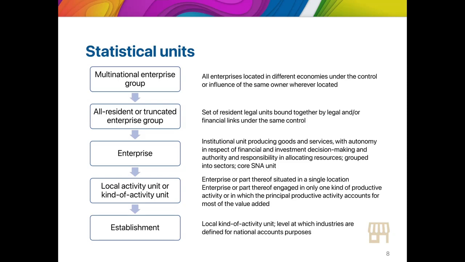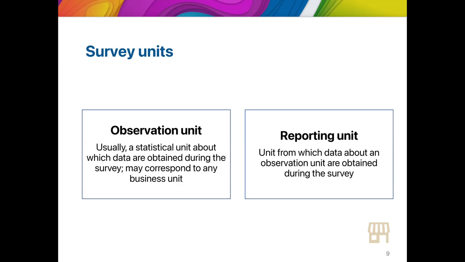Fourth are the local activity or kind of activity units. They focus on specific economic activities within an enterprise at a location. Next is the establishment. It is the narrowest unit, representing single location activities for national accounts. Lastly, survey units link statistical data collection with business registers.